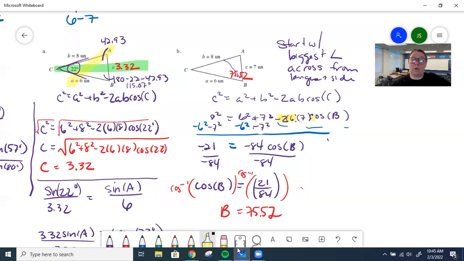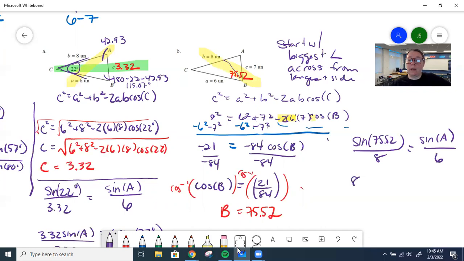So I could do law of cosines again. I could just pick a different angle and go through the same process. But to be honest, it's just faster now that I have a pair where I know the angle and the side across to find another angle. Okay, so I'm just going to go with A. Sine of A over 6.